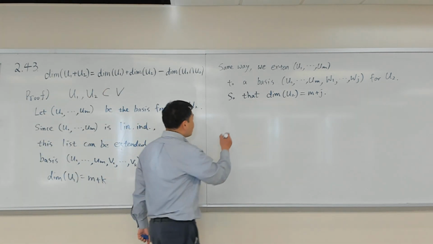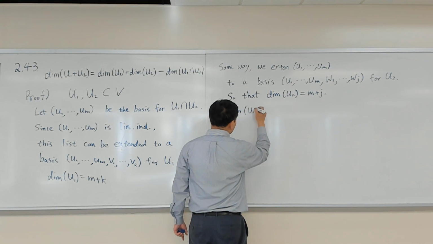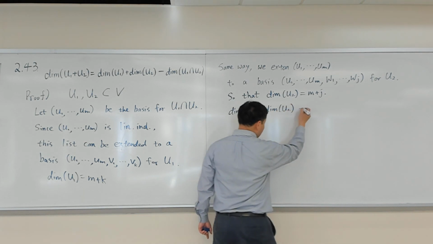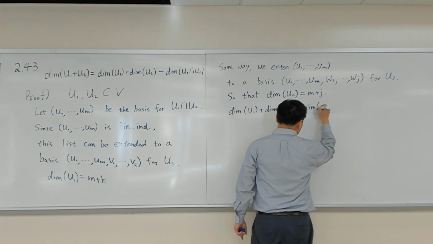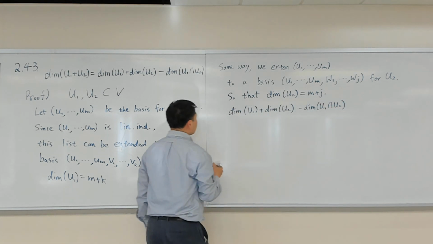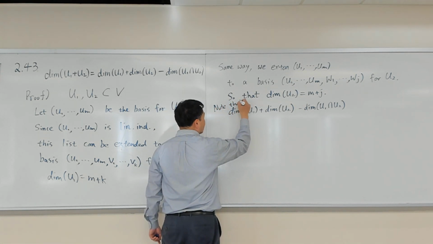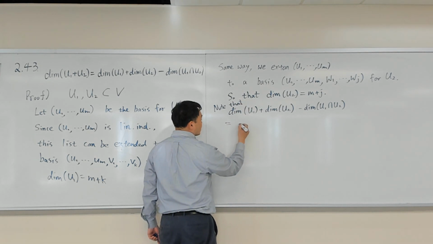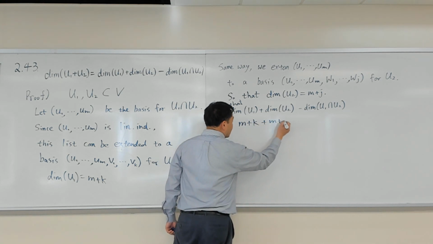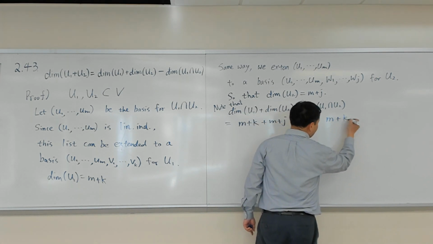So let's see what that is. Dimension of U1 plus dimension of U2 minus dimension of U1 intersect U2. Note that this is equal to m plus k plus m plus j minus m, so this is m plus k plus j.